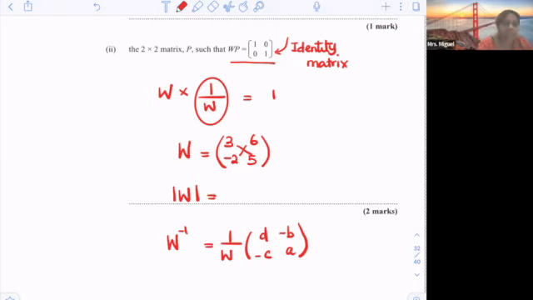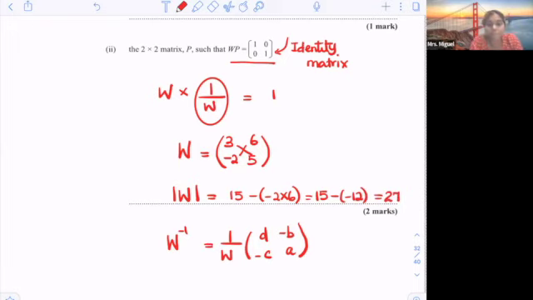All right, what do you have for the determinant? What did you all get for the determinant? 15 minus 2 by 6 will give us 15 minus 12, which is 27.